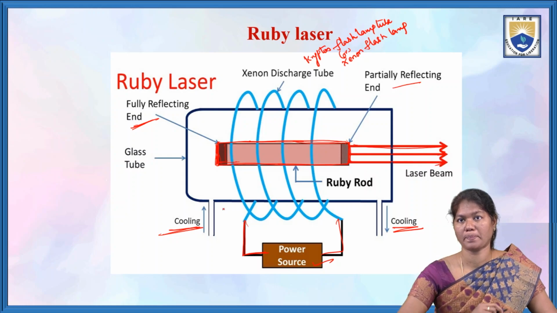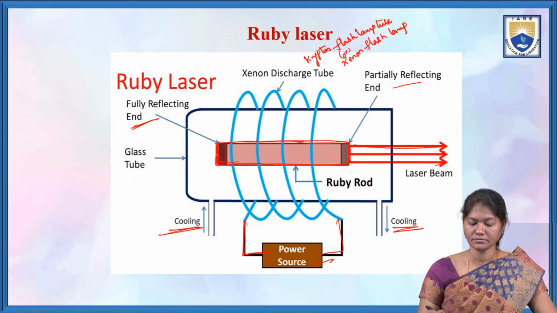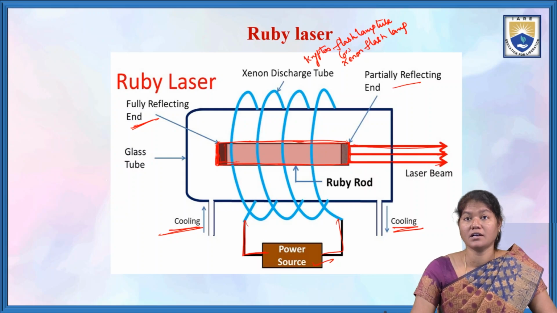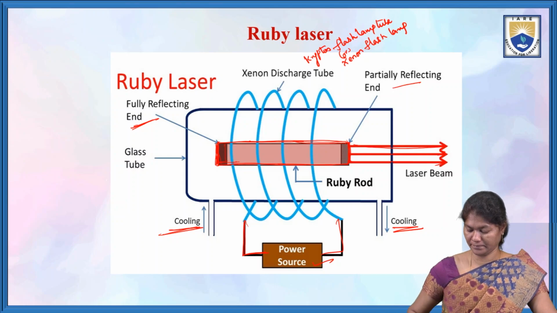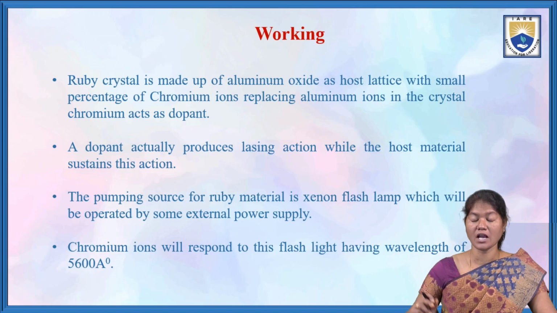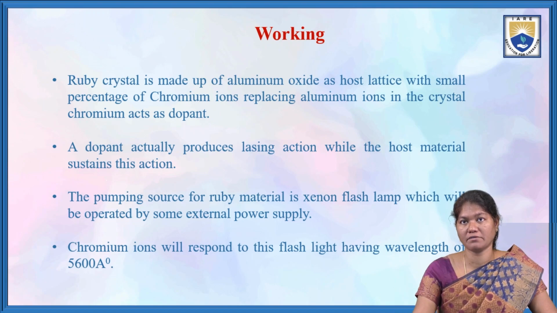So the light, the laser beam, comes out from the partially reflecting end. That is how the ruby laser works.